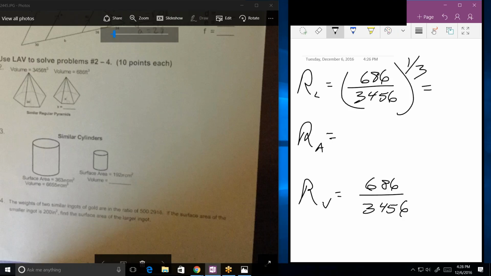But I do know, if my calculator would work, that the cube root of 343 is 7, and that is 1/2 of 686. So if I do the same thing for 3,456, I can get the ratio.